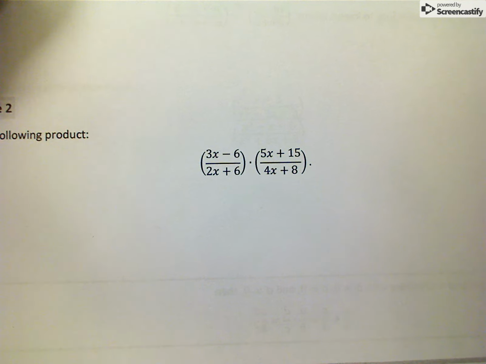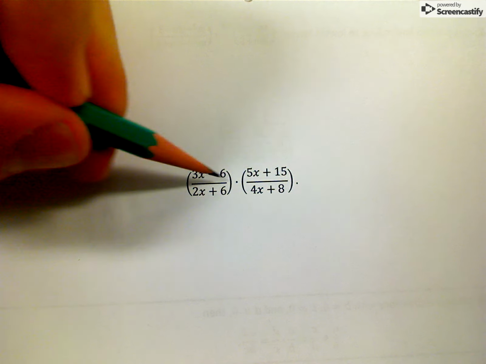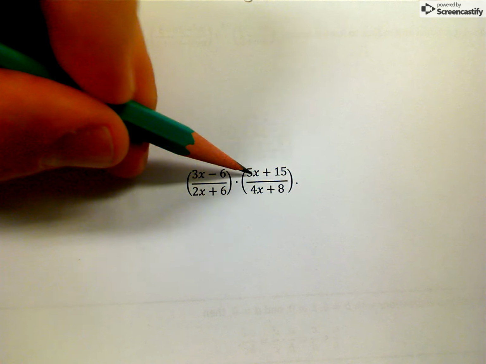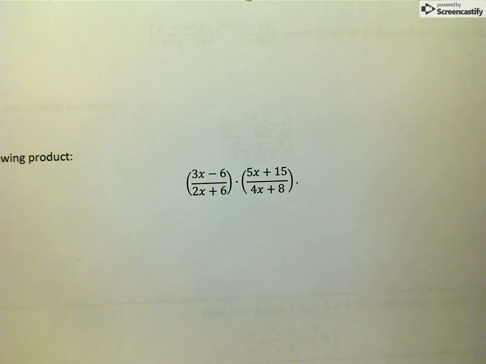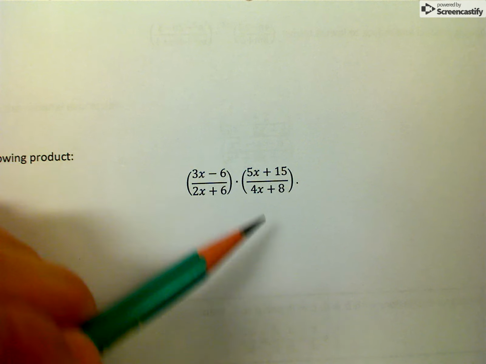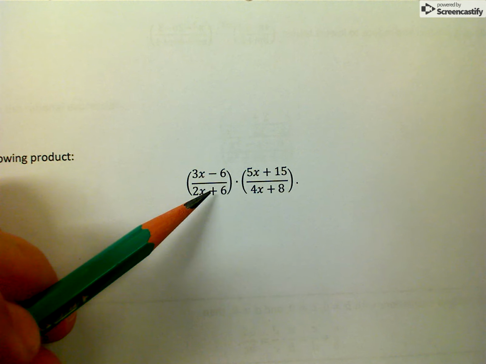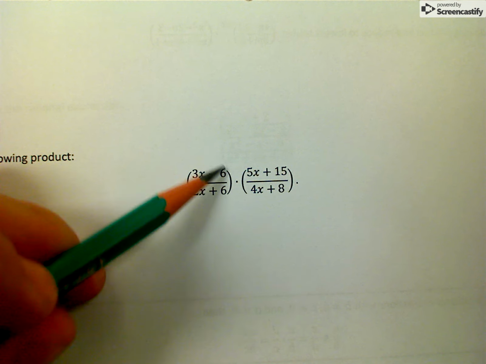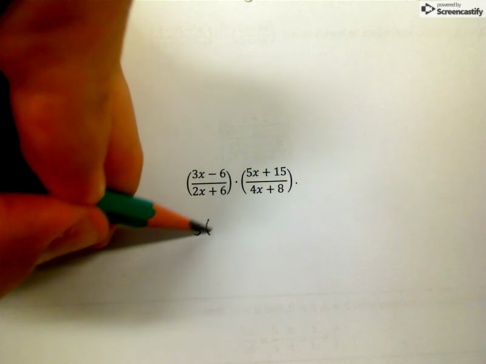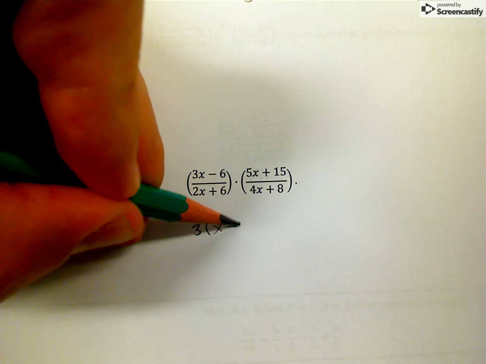So let me begin by noticing each of these four expressions on the tops and the bottoms of these rational expressions. Each of them have a common factor. This one, of course, I can factor a 3 out, and that becomes 3 times x minus 2.